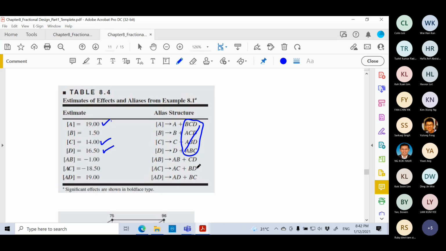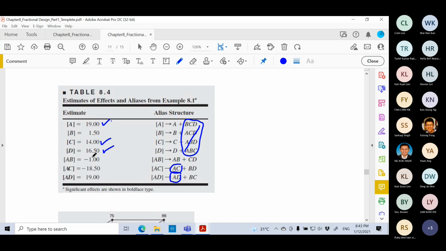The main contributor we will guess comes from AC. Okay, similarly here, if you calculate AD with 19, it comes from AD plus BC, but because B is quite small, we will expect that BC also is not very significant here. We will expect that it comes from AD.